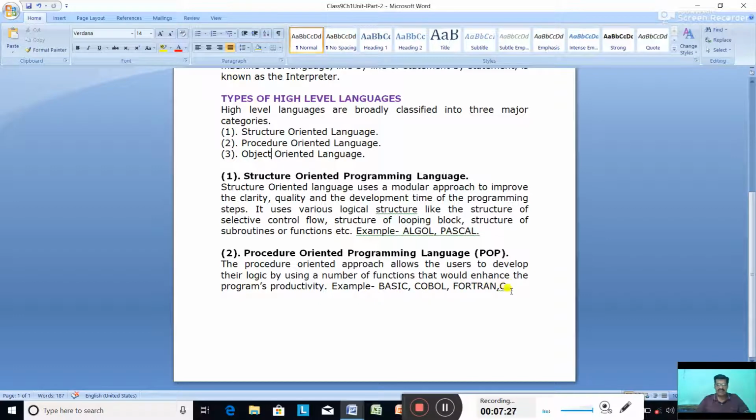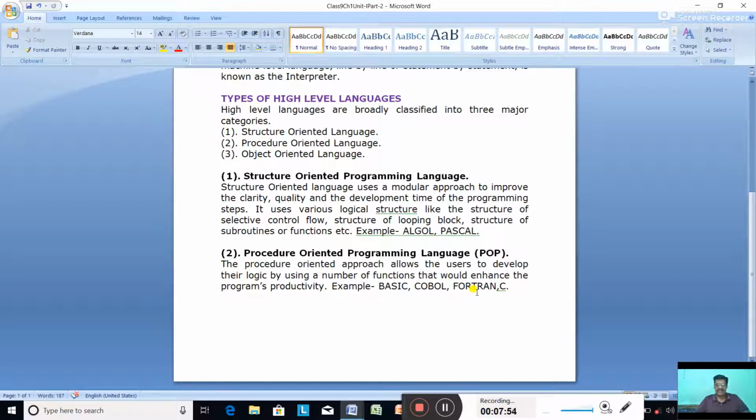Okay, procedure-oriented programming or POP basically consists of a list of instructions. It consists of what? A list of instructions for the computer to follow, and these are organized into groups, and these groups are known as functions. We normally use a flow chart to organize these actions and represent the flow of control from one function to another.